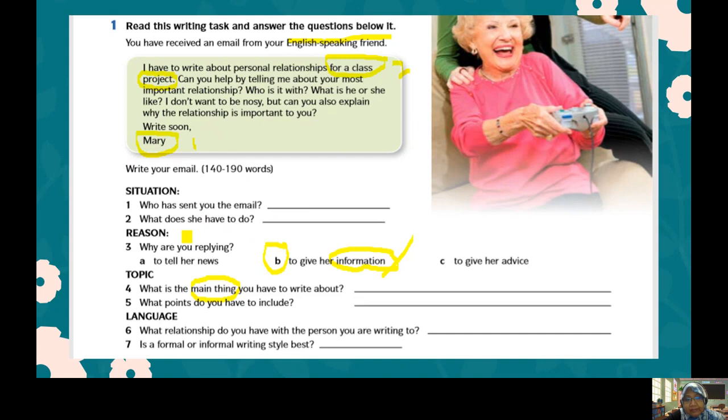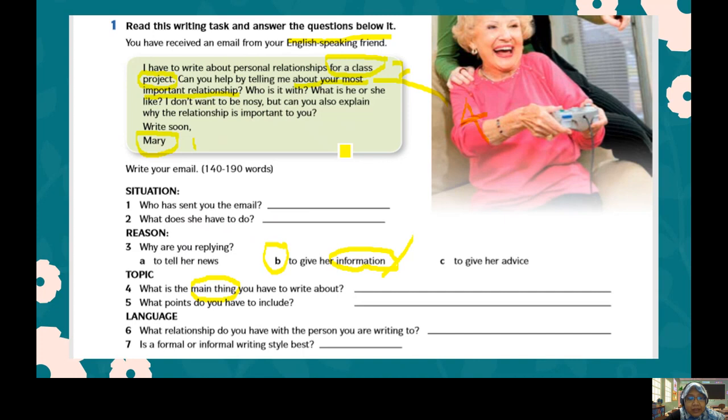Which one is the answer? Okay, good. The answer is here: about most important relationship. This one is number 4.